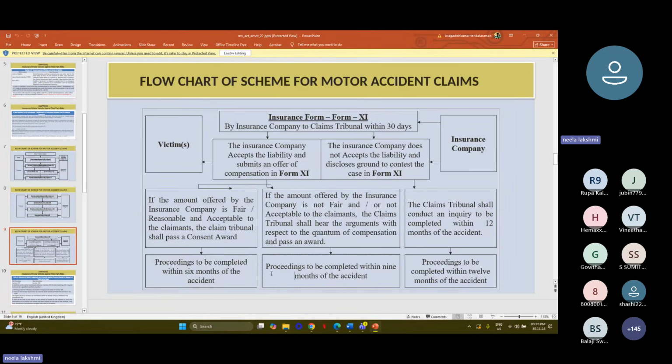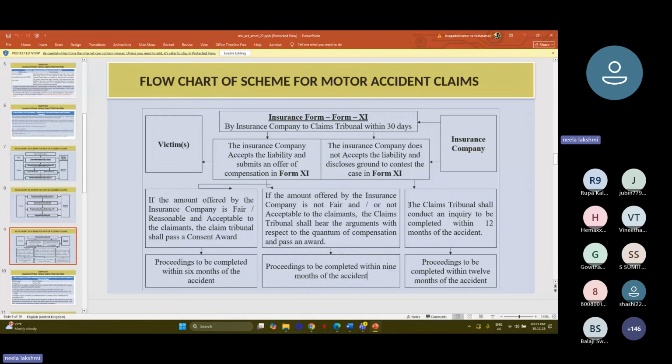In the next situation, the company accepts its liability and the offer is also made by the company, but the claimants are not agreeable to the amount. The claims tribunal hears the arguments with respect to the quantum and the compensation will be decided within 9 months from the date of the accident. For deciding the quantum, the courts are allowed 9 months from the date of accident.